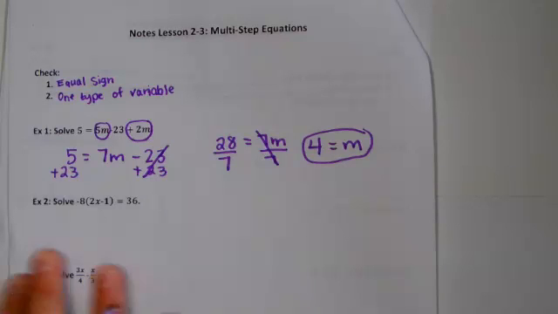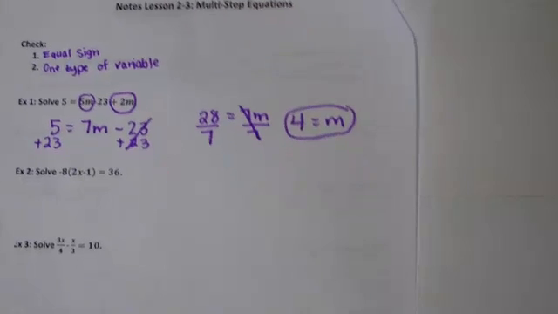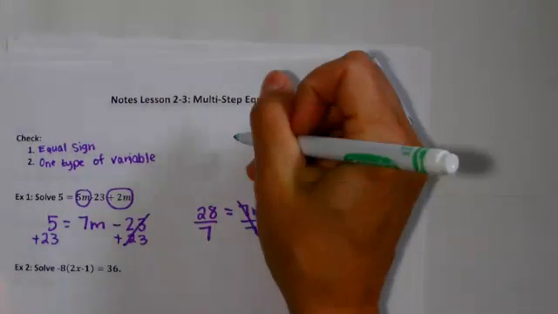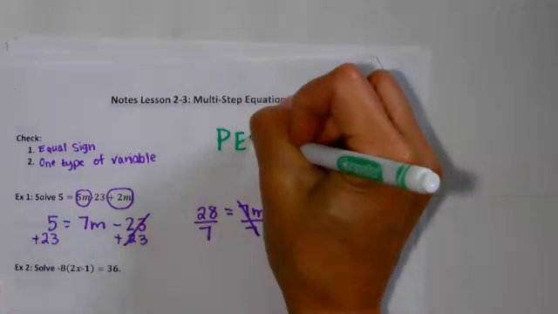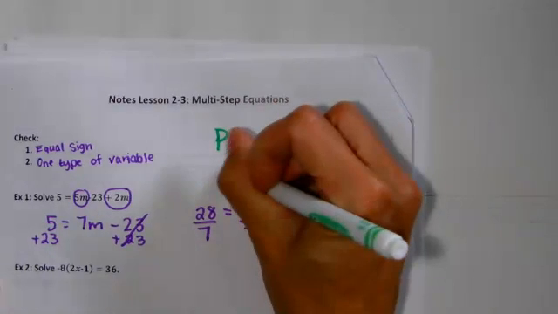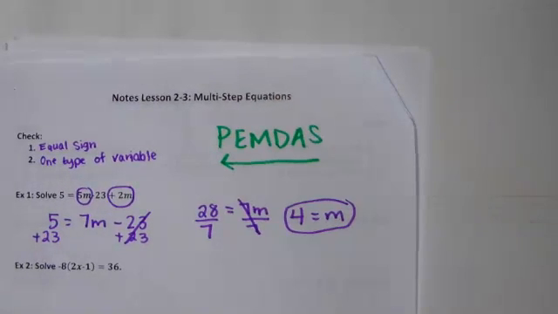Now, example 2, I think you guys have learned before, but let's make sure, okay? So if we have parentheses and we're trying to undo PEMDAS, right? So undoing PEMDAS again. So we're going backwards, and so you're like, okay, we've got to start with the add and the subtract, right?